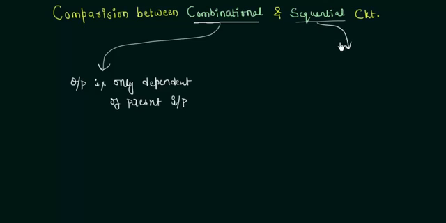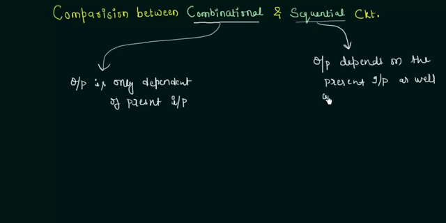So the sequential circuit is something in which the output depends on the present input as well as previous output or outputs. Okay, so this is the basic difference between the combinational and sequential circuit, but there are some more important things that we have to see in that.